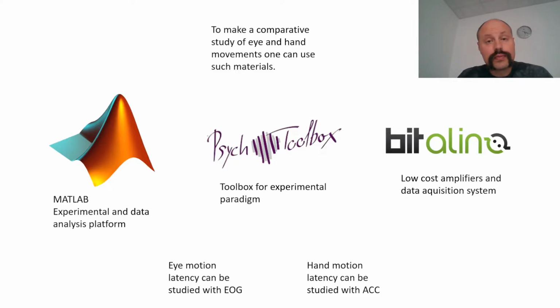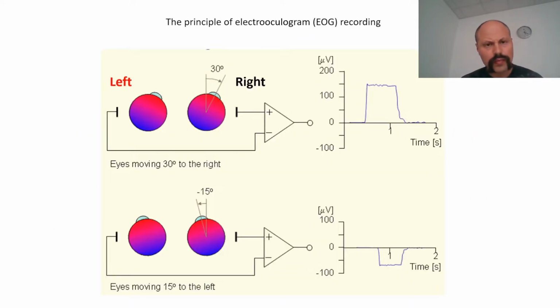For eye motion, to study the latency of eye motion of the cat, it is possible to use electrooculogram, and for hand motion, it is convenient to use accelerometry. The principle of electrooculogram is very simple.